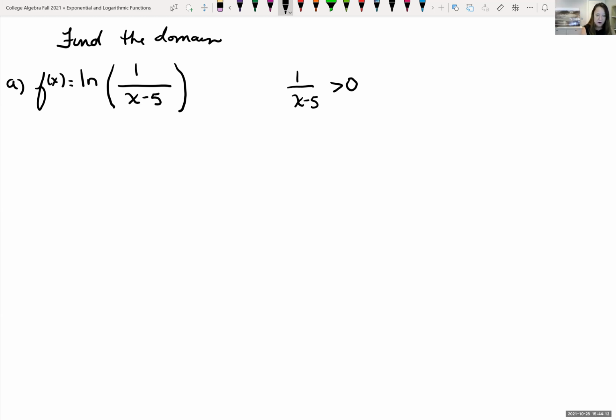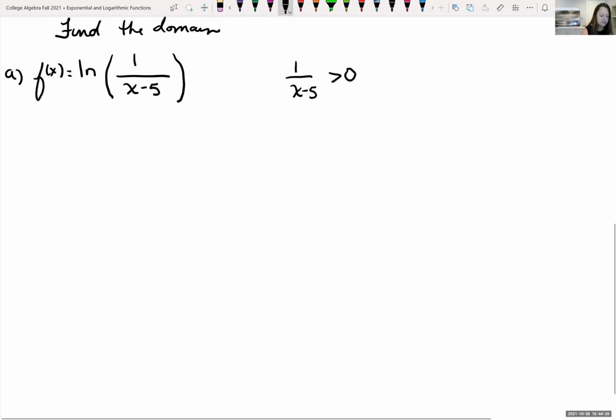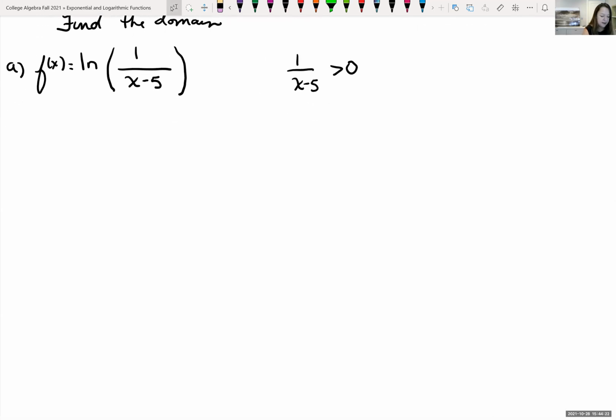If I was looking at my critical numbers, there's no number that sets this fraction equal to 0, but there is a value where we have a vertical asymptote, a value where it's undefined, which is x equals 5. And so things could be changing on either side of our vertical asymptote. It could be either above or below the x-axis, and we can't see that unless we test points. And so we just need to test one point on each side.